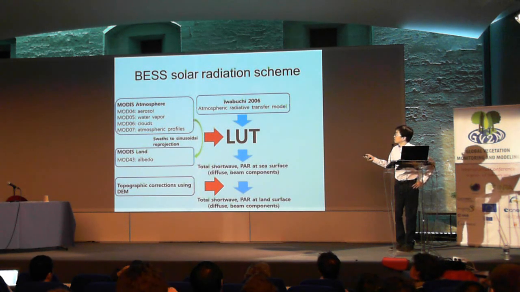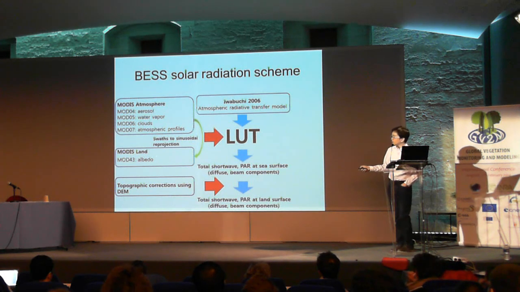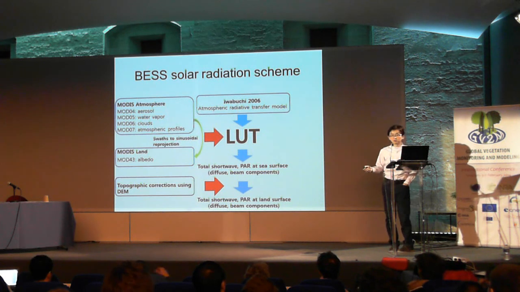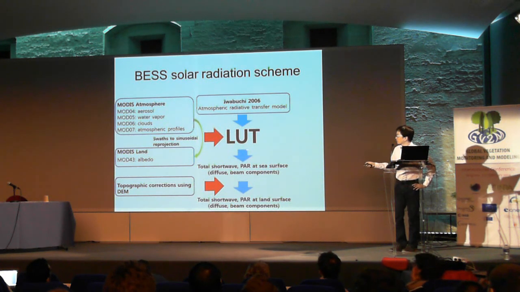Here is one solar radiation model by Iwabuchi in 2006, and I developed a lookup table. All input data of this lookup table derive from MODIS products: MODIS atmosphere, aerosol, water vapor, clouds, atmospheric profiles, and MODIS land products, albedo. Unfortunately, this MODIS atmospheric product is Level 2 swath, so it needs to be projected to a sinusoidal projection, and that is very computer intensive.